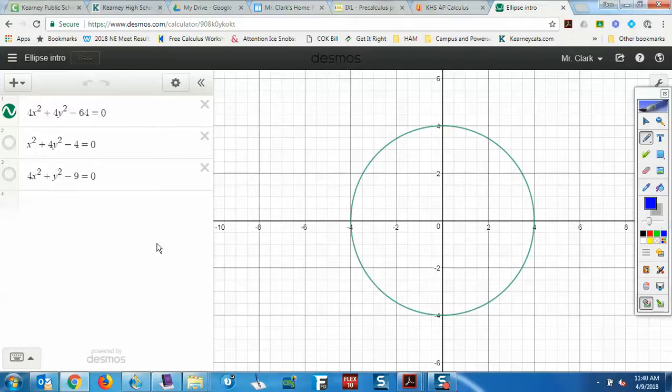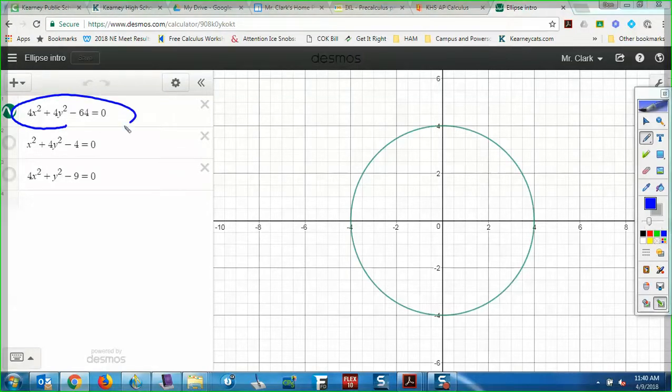So right now I've got a circle. Okay? Now, you don't need to write any of this part down right now. But this would be a circle equation. So this would be a good review for the quiz. So if we wanted to get this equation into standard form, right here, of a circle, what would we do? Divide everything by 4.